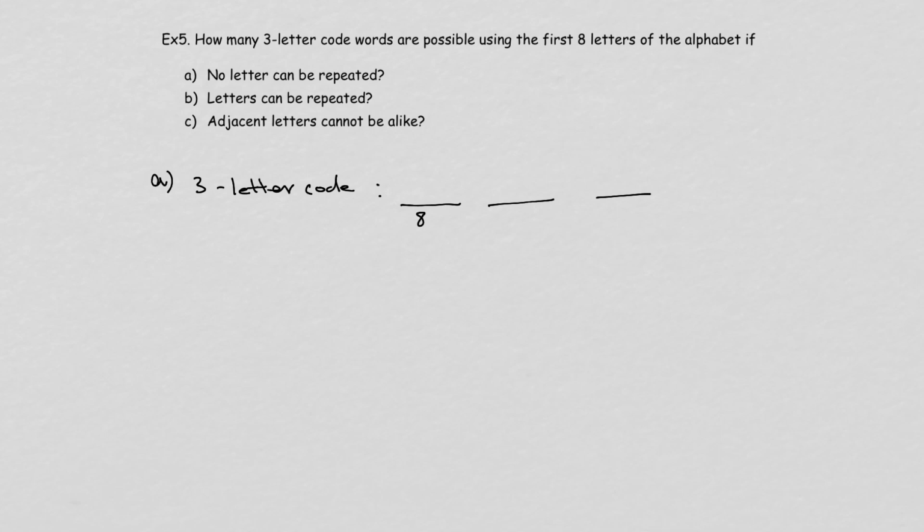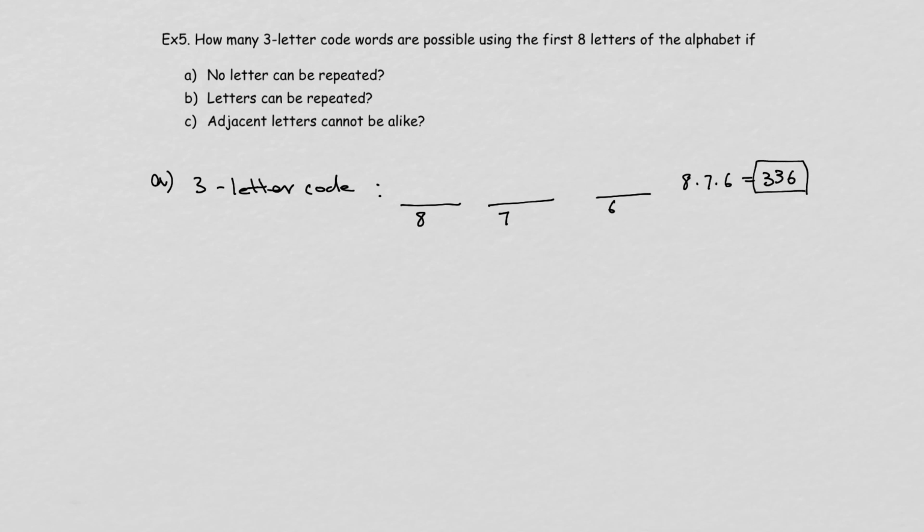And then 8 different letters that I can pick, right? Because I cannot repeat it, I cannot use the same letter. It means that I only have 7 choices for the second letter, and then 6 choices for the third letter. So in order to find the possible code words, it is going to be 8 times 7 times 6, which is going to be 336 possible.